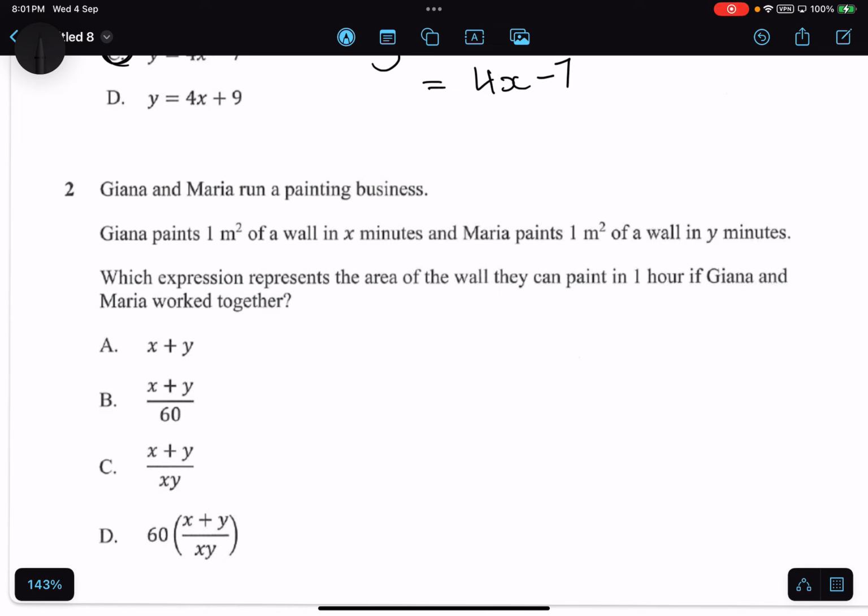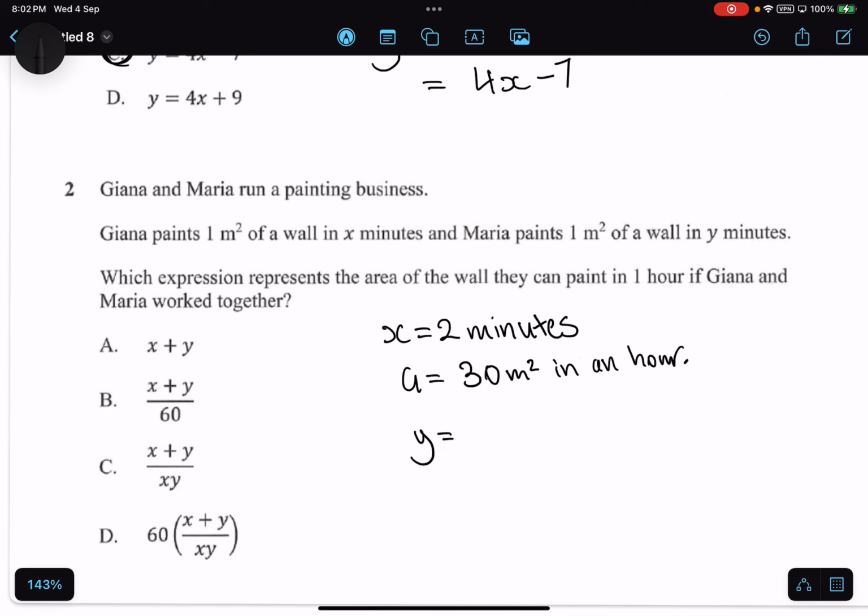But later I figured out that what you have to do is you have to actually give values to X and Y. So for instance, let's call X 2 minutes. If Gianna can paint 1 meter squared of a wall in 2 minutes, that means she can paint 30 square meters in an hour. And let's call Y 3 minutes.